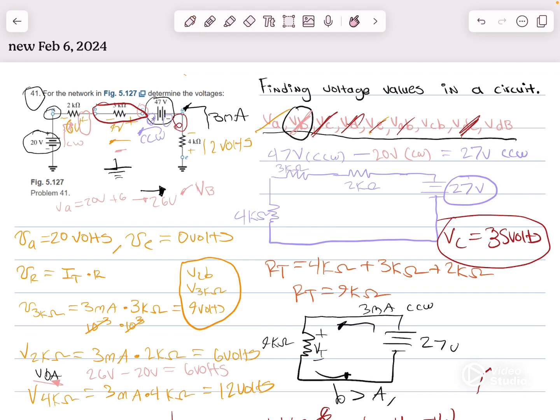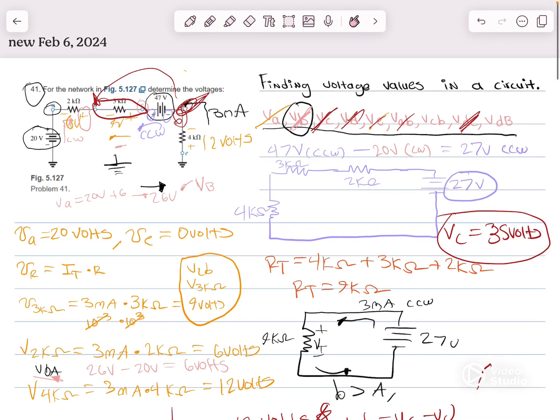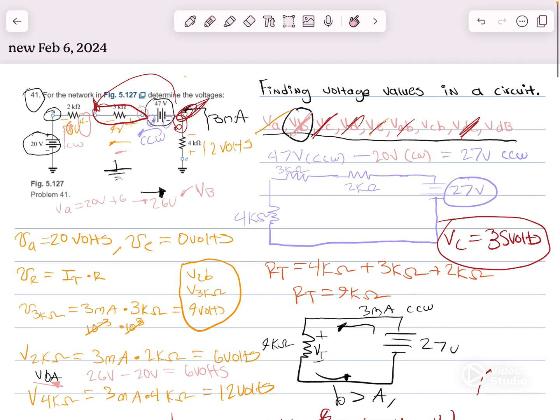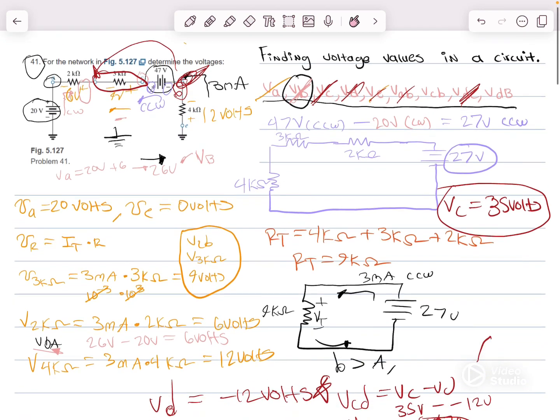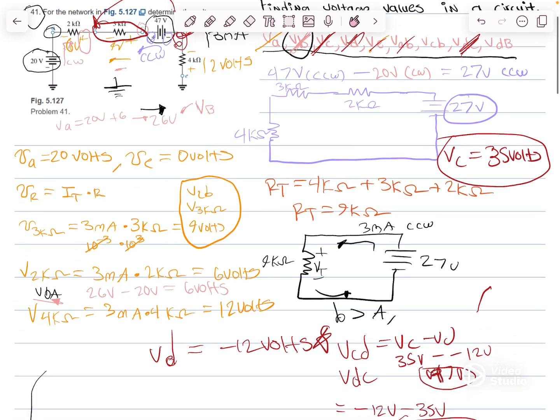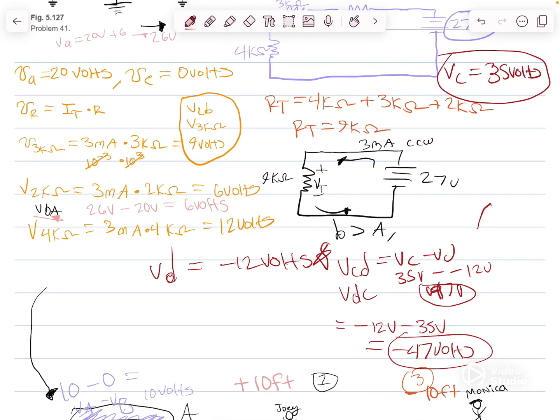VDB, if I'm looking at my circuit and the connections, we're starting here and we're going to this resistor over here, okay? Once again, I'm phrasing it as how much higher is node D compared to B, as in Dylan compared to B as in Bob. Let me look at my values.